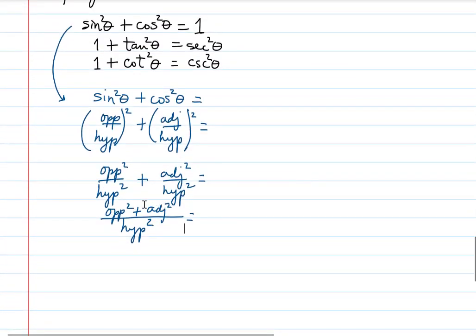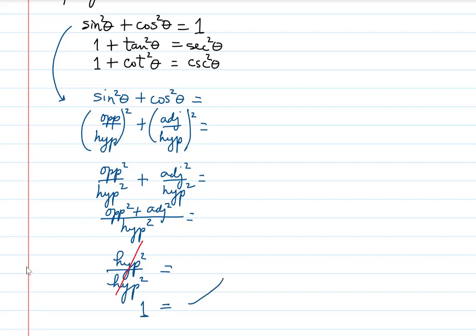So if we just replace the numerator with hypotenuse squared, because we already know that to be true from the Pythagorean theorem, I already have hypotenuse squared on the bottom, and voila, we have the same thing. They cancel each other out, so then you end up with the 1 that is on the other side. So 1 is equal to 1 from our identity there.